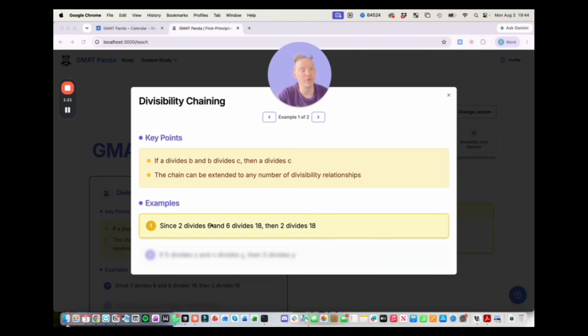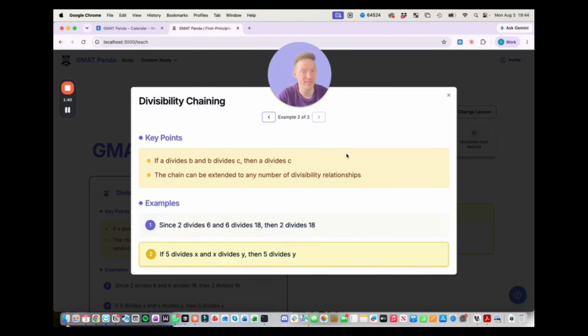Okay. Now notice that it's important that the middle number is the same here when we're chaining, right? So the B in the first sentence is the same B in the second part of the sentence. Now, when do we tend to use this? It tends to be in more complicated examples, and in particular when we don't have full information on some numbers, so when we have unknowns.